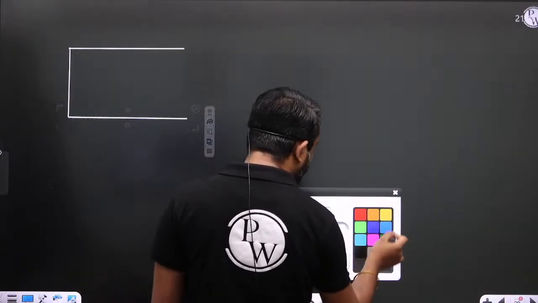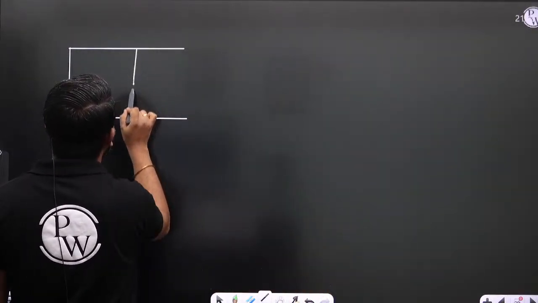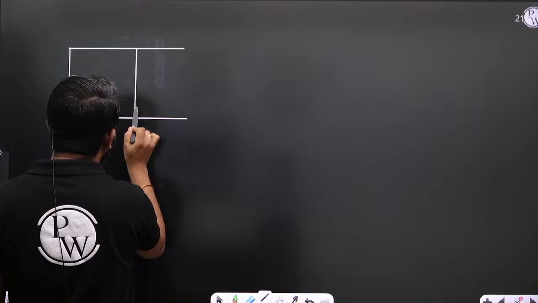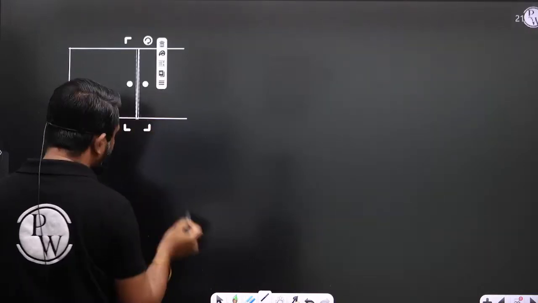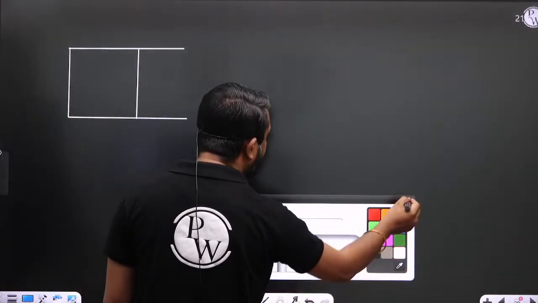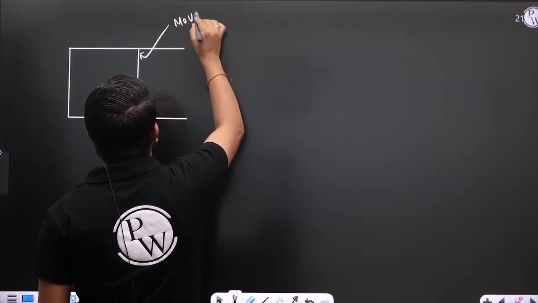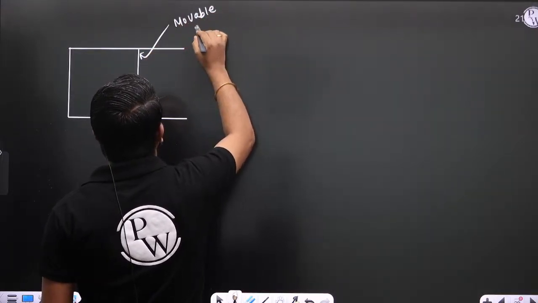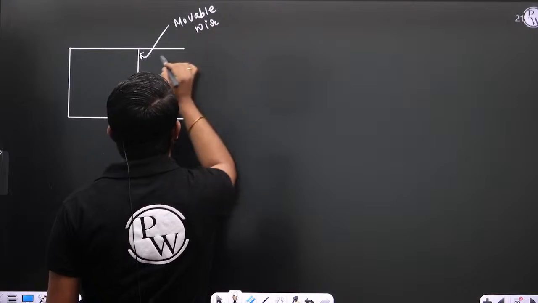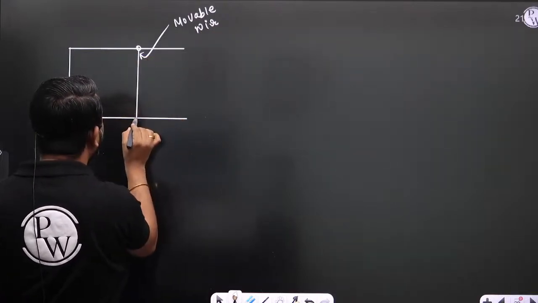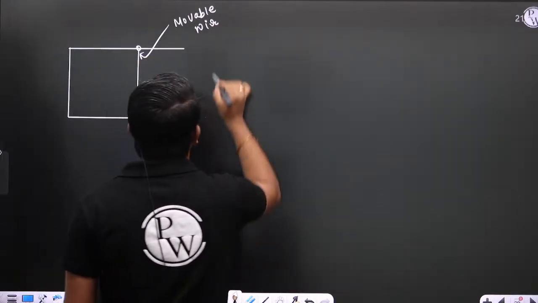And what I am doing here is putting a movable wire here. This is the movable wire, and this wire can move.